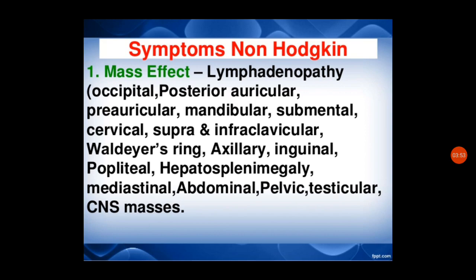Masses can be found in different body parts, like lymphadenopathy in the occipital, posterior auricular, preauricular, mandibular, submental, cervical, supra and infraclavicular, Waldeyer's ring, axillary, inguinal, and popliteal areas, as well as hepatosplenomegaly, and mediastinal, abdominal, pelvic, testicular, and CNS masses.